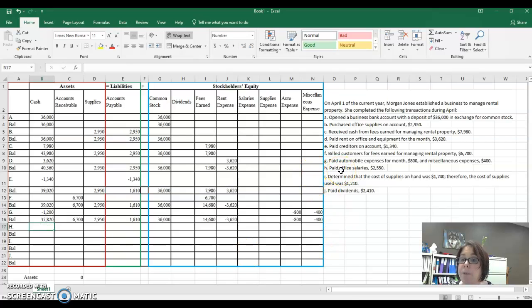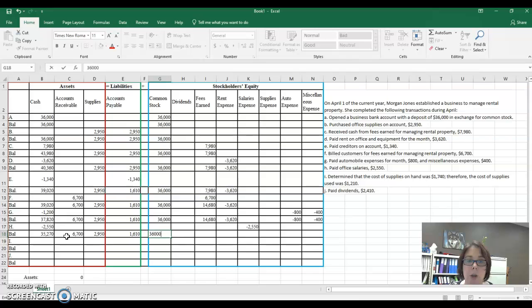H, paid office salaries. So we paid our office salaries expense. I think they would appreciate that. So we reduce our cash. We come over to salaries expense, and I forgot to put that as a negative. We put that as a negative amount. So then we can check our balances and see that we still have those accounts.